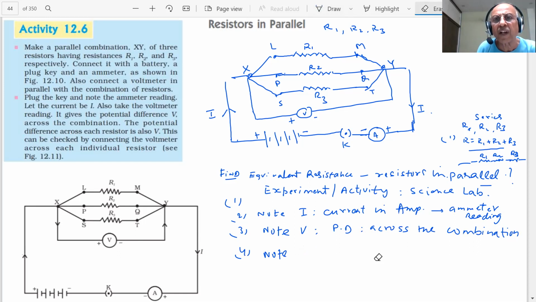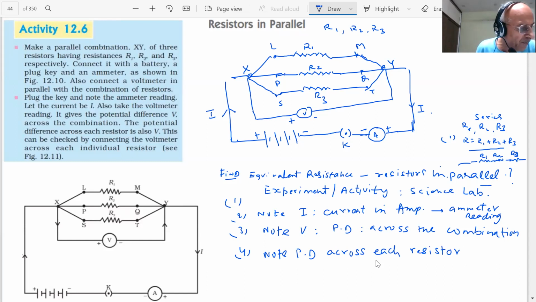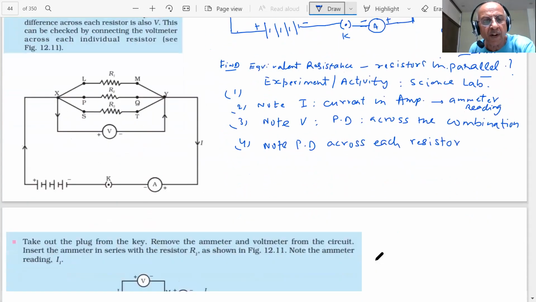Can I note the potential difference across each resistor? Can I note it? Tell me. Yes or no? How will I do it? We will show it. Figure 12.1.